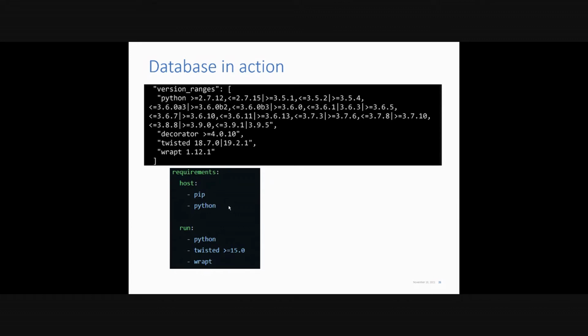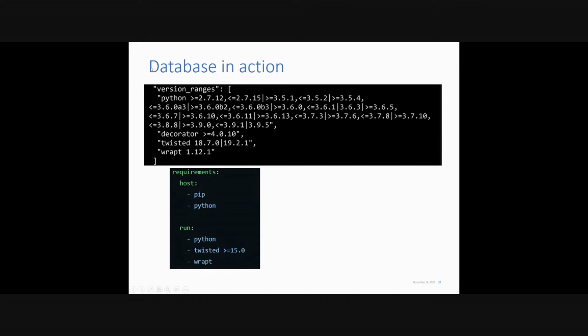So this is for a project called Crochet, specifically 1.10.0. And we can see here, this is what we've produced. So these are the versions that we think are compatible based off of symbol extraction. Now I'll note that there's some discrepancy here, mostly because we haven't finished indexing everything. Turns out there's a lot of versions of Python, and indexing them is actually somewhat slow because there's a lot of it.